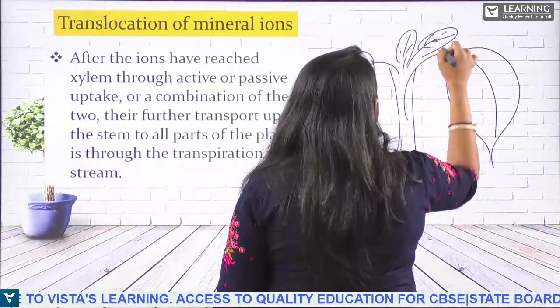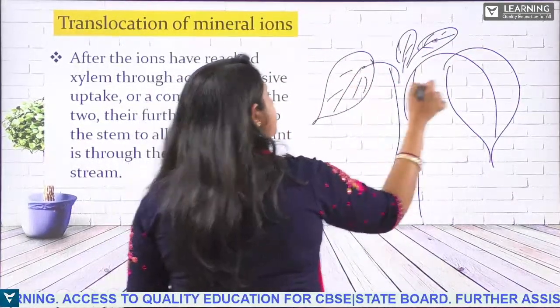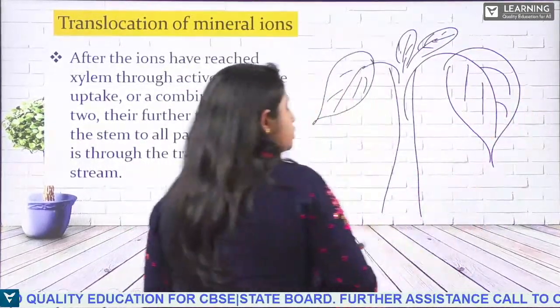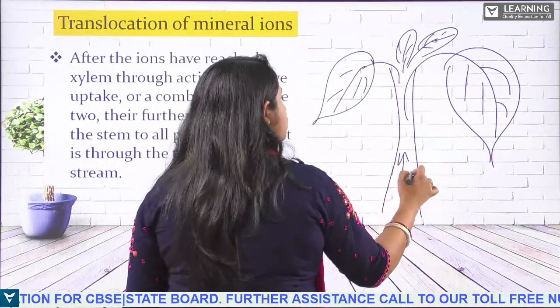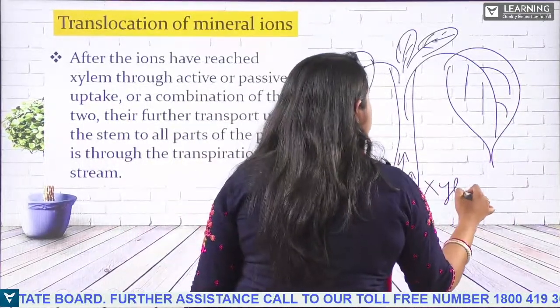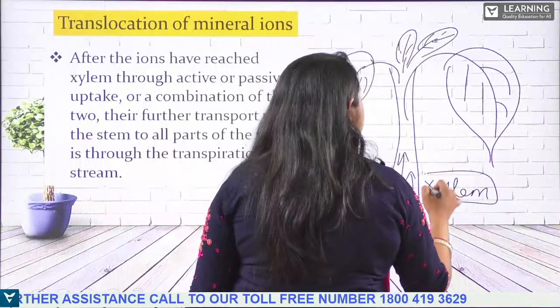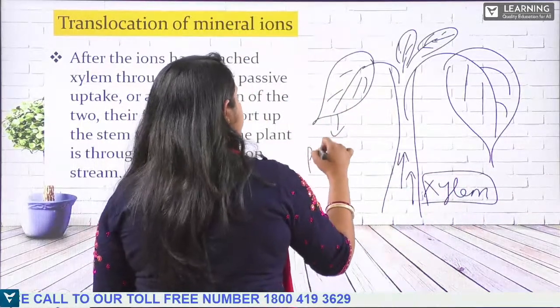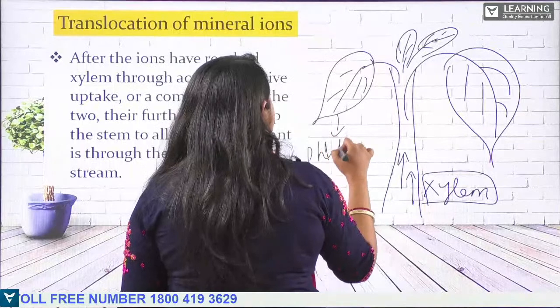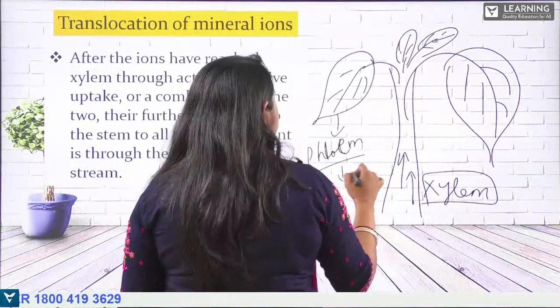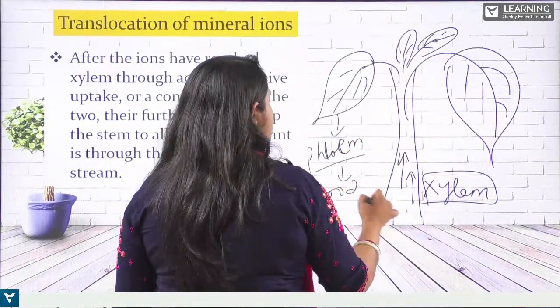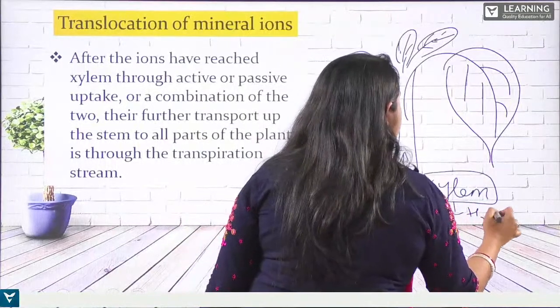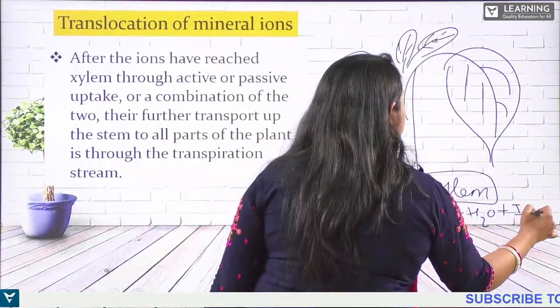As you know, the molecules will be translocated through the xylem and through the phloem. Phloem will transport the food, and xylem will transport the water plus the ions or minerals.